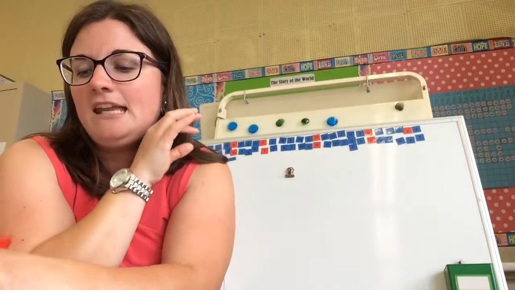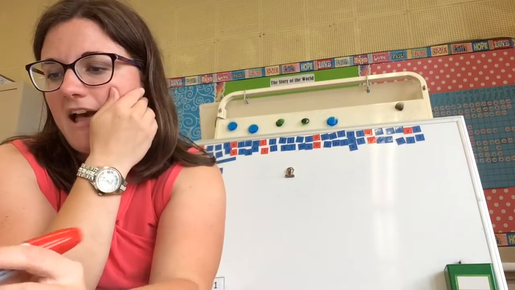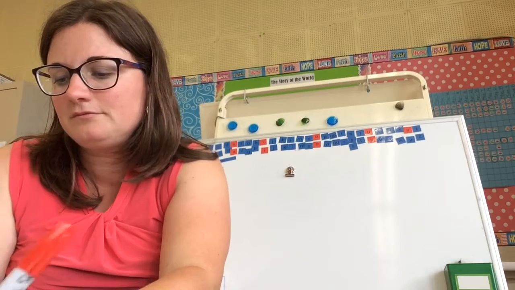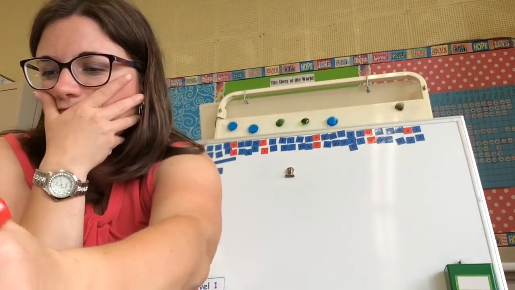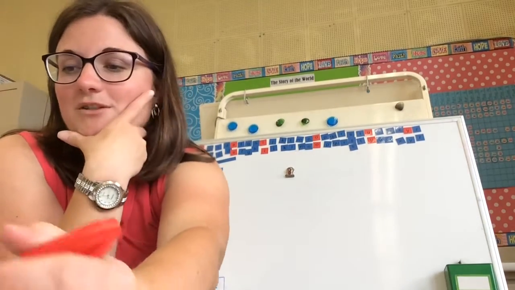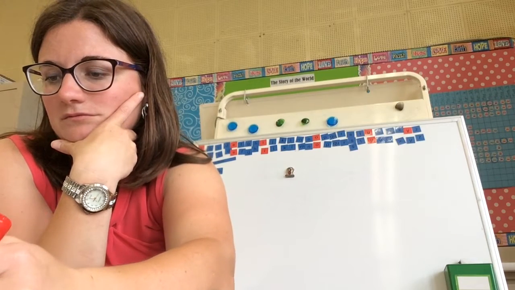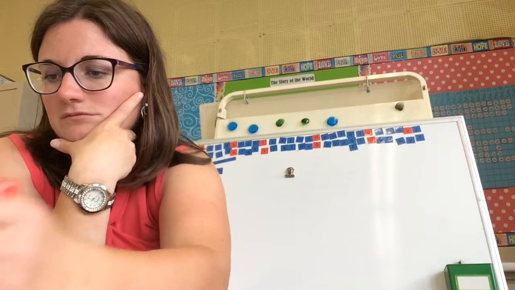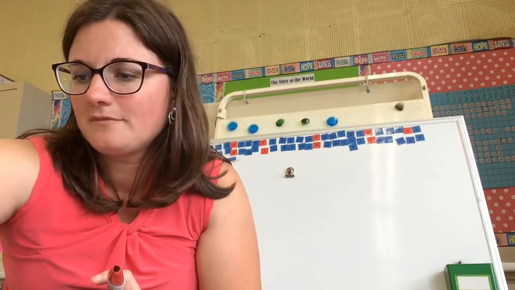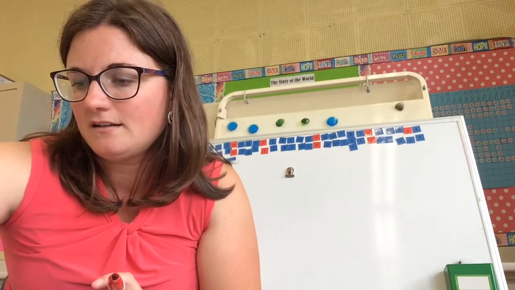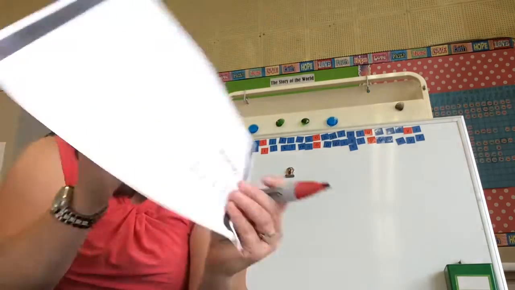So you fill in an 8 for apples, and how many oranges do we have? 3 oranges, right? So write a 3 in there. Okay, so we've got all of our numbers here.